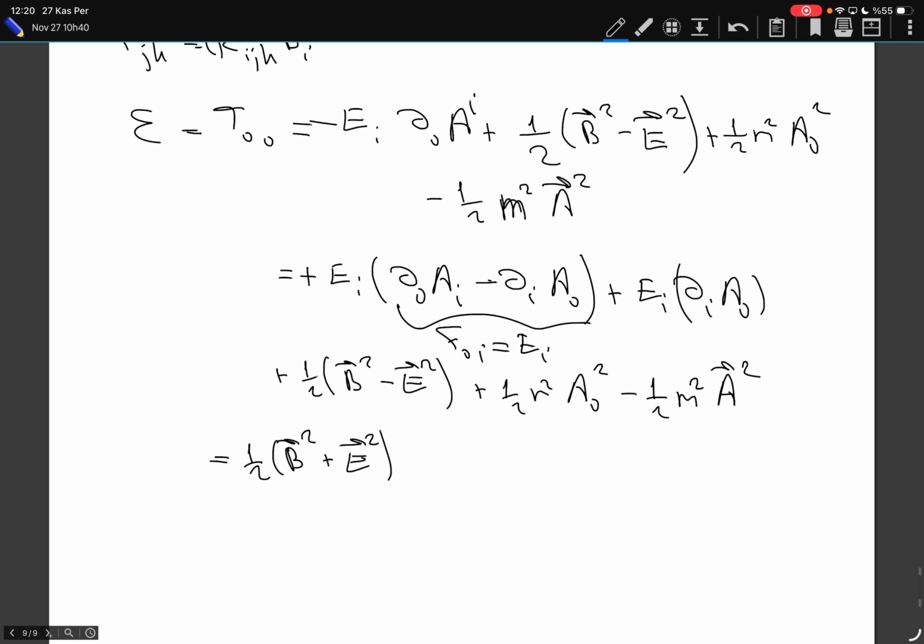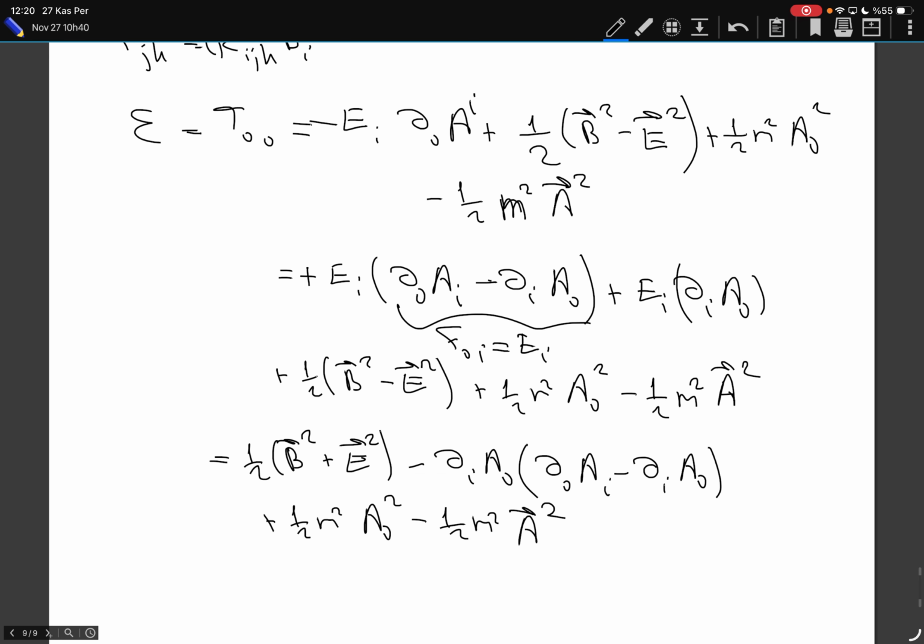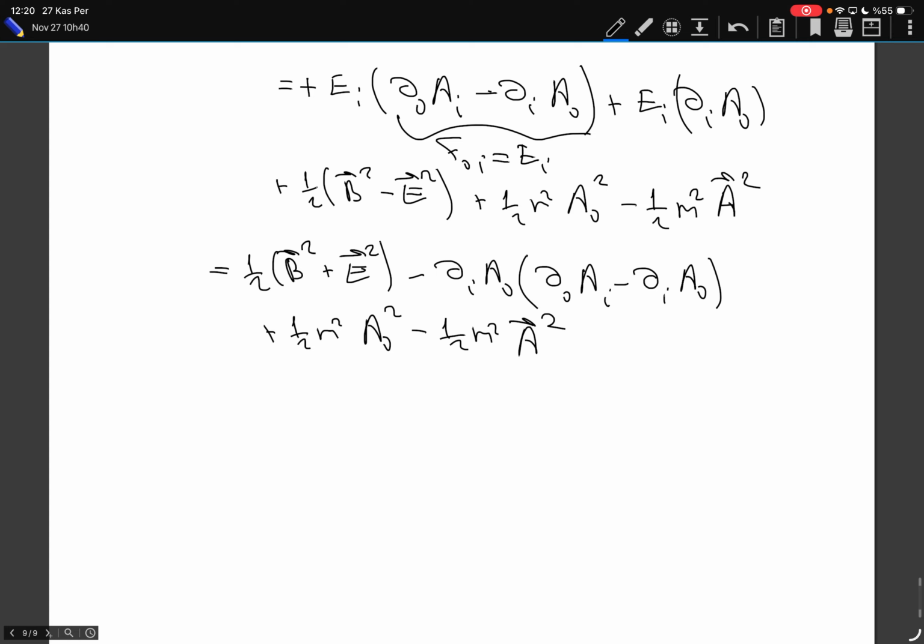But then I have other terms, plus del_i A_0 times E_i, where E_i is del_0 A_i minus del_i A_0, and plus 1 over 2 M squared A_0 squared minus 1 over 2 M squared A squared. Okay. At least the first term seems to be positive. Well, the other terms, not so positive at the time being. Let me try to write them in a slightly different way.